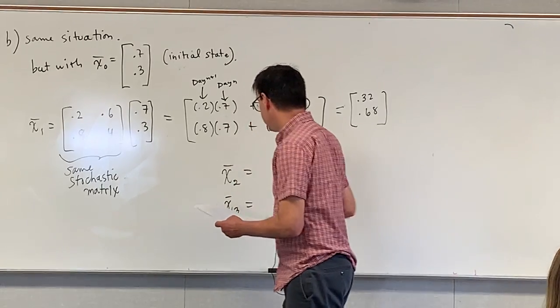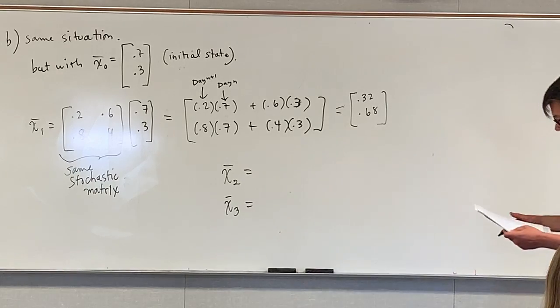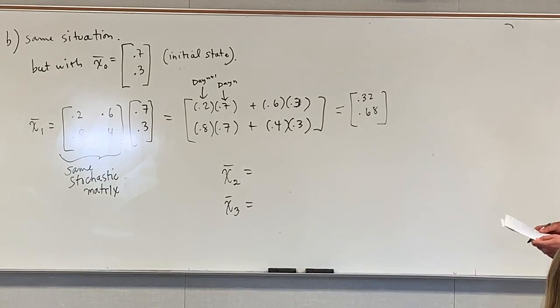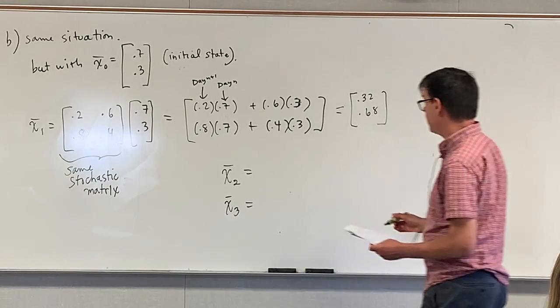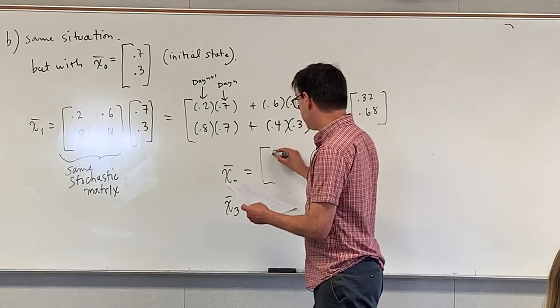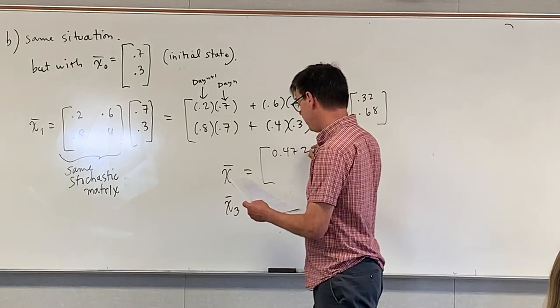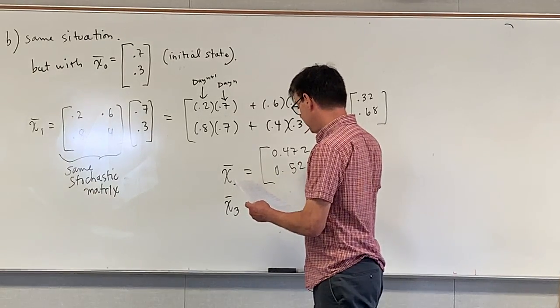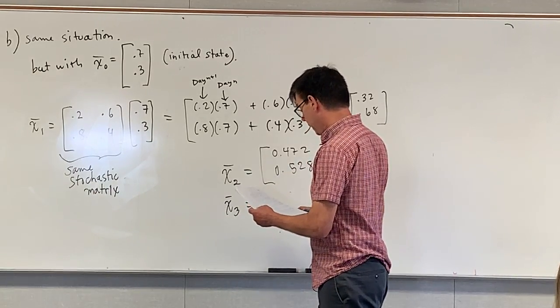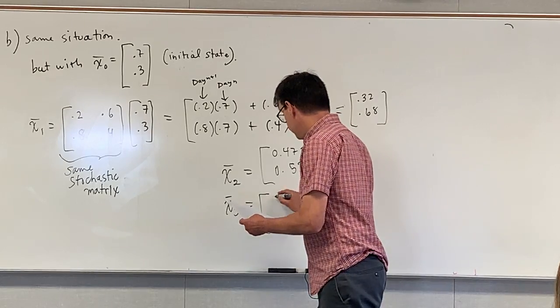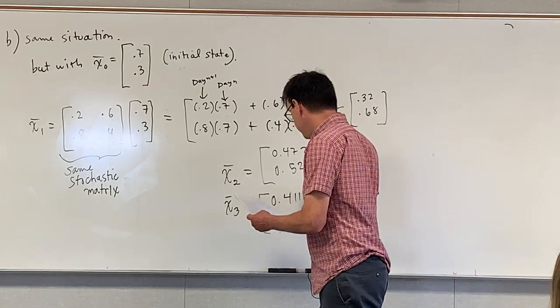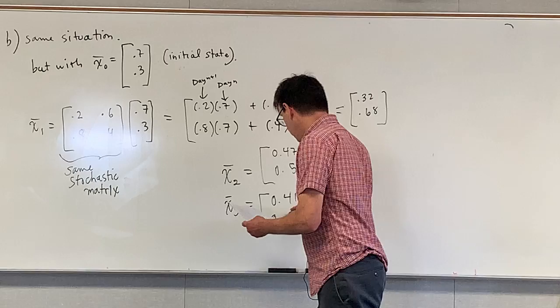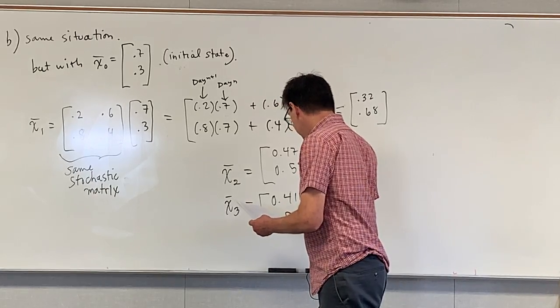So you see, as we go from one day to the next, x2 is 0.472, 0.528, x3 is 0.4112, 0.5888.